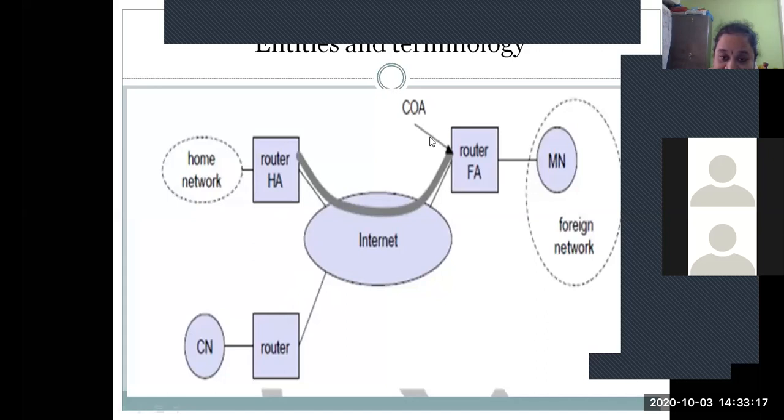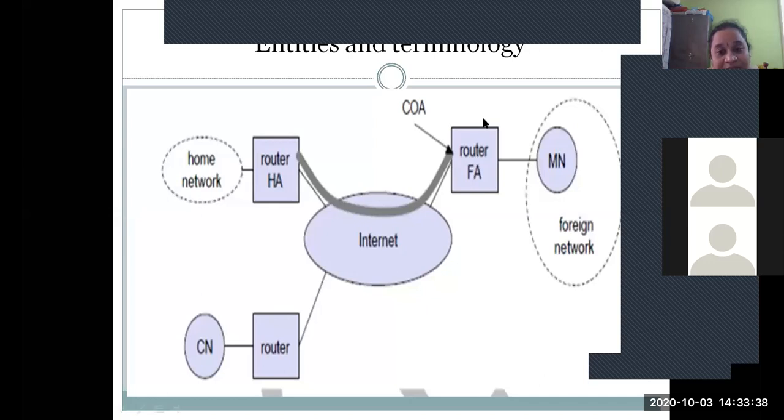By the process of tunneling, the address of the respective mobile node will be allocated with some care of address in order to find the trace of this mobile node present in the foreign network. It will be tunneled and forwarded to the foreign agent router.